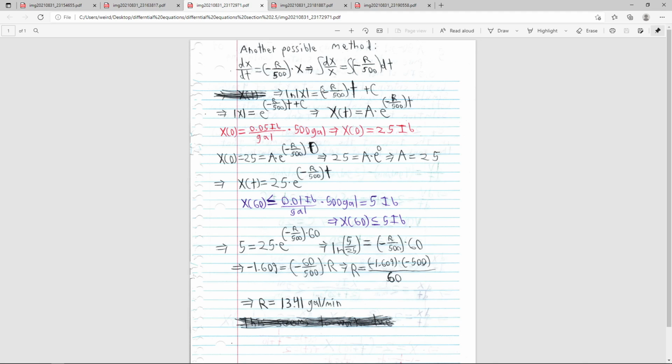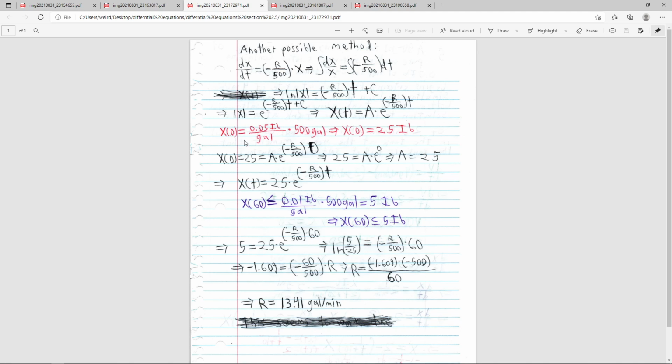So we're going to have pounds of salt instead of concentration. Eventually we get the same equation essentially, but in terms of x and t instead of c and t. The difference is that our constant A is going to be different.